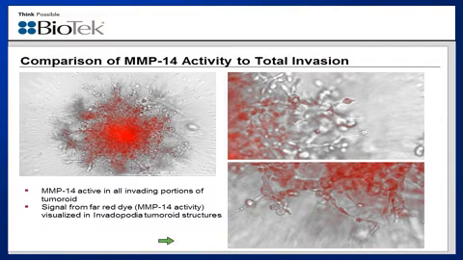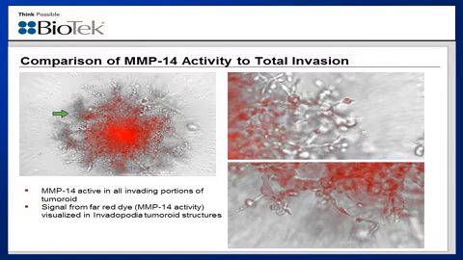As matrix metalloproteinases, specifically MMP14, have been shown to be active in the invadopodia portions of the tumoroid structure, we also compared the total coverage of the observed signal from the dye to that of the complete structure by overlaying the Cy5 and brightfield images, which is what you're seeing in the image here.